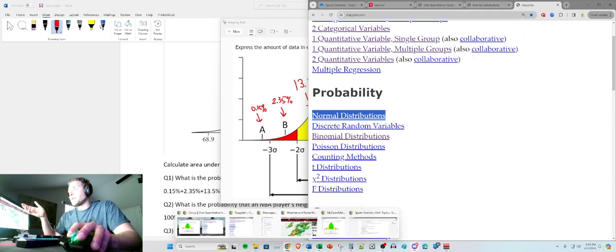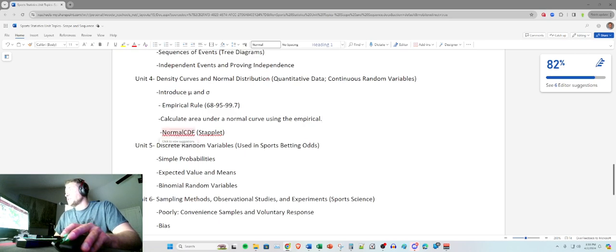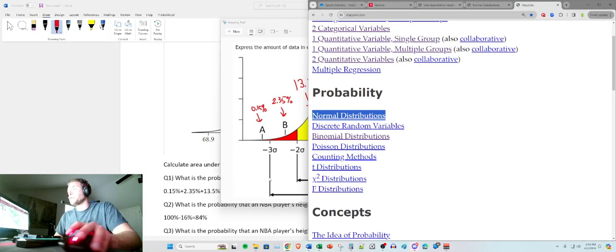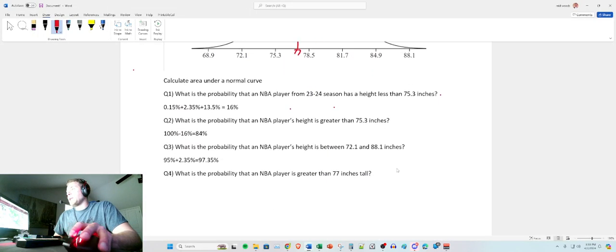Okay, and what we're going to be looking at is using what's called a normal cumulative density function. And we're going to go ahead and write this down in our notes here.